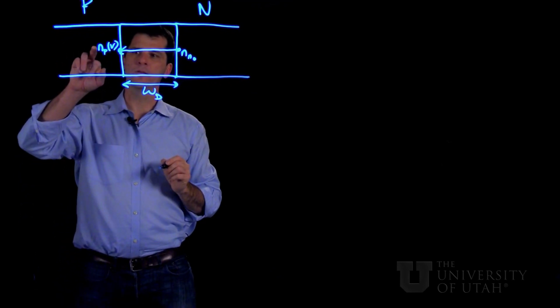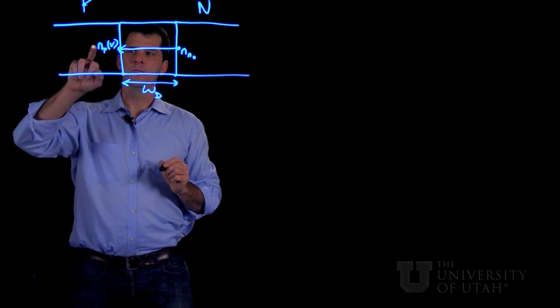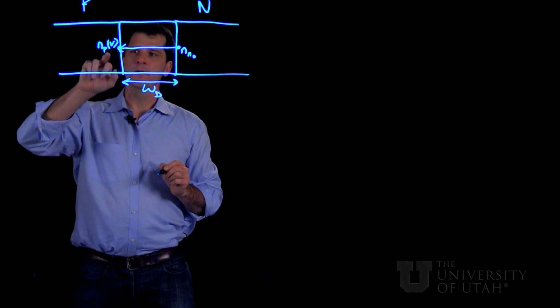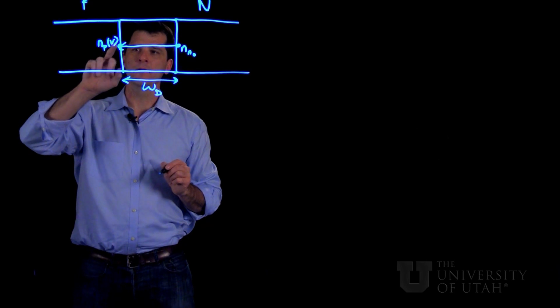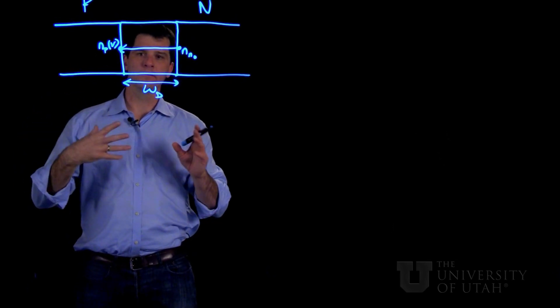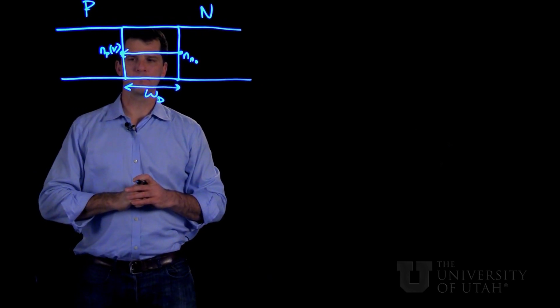And this notation here means that it's the minority electrons on the p-type side, and their concentration depends on the applied voltage on the junction.